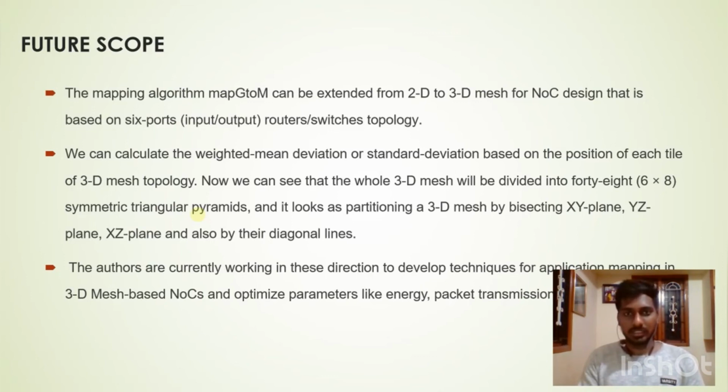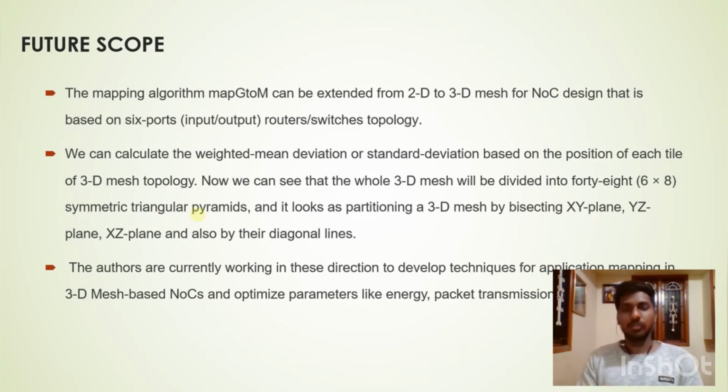Because energy is equal to P times E times T, energy is directly proportional to time. If energy decreases, the latency, the delay, from the transmitted packet to the received packet will also decrease, right?